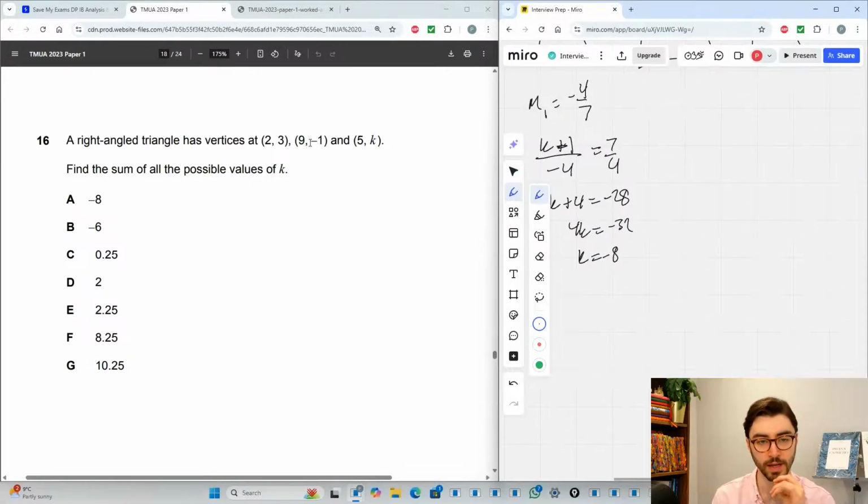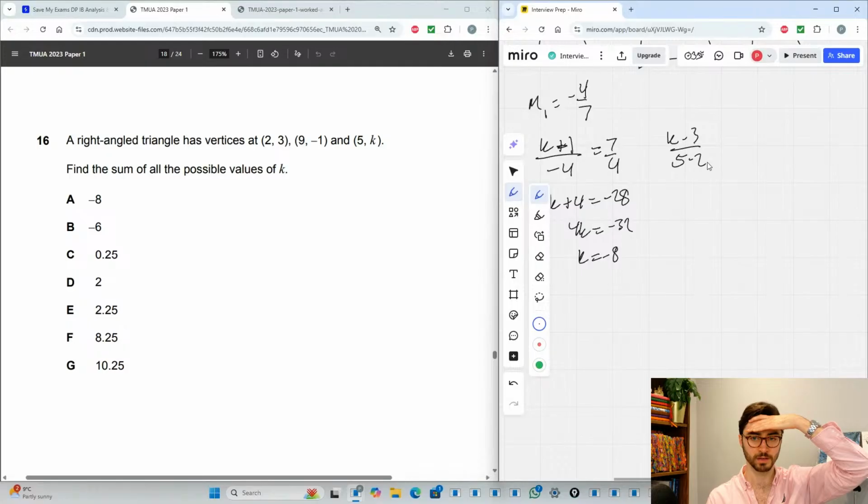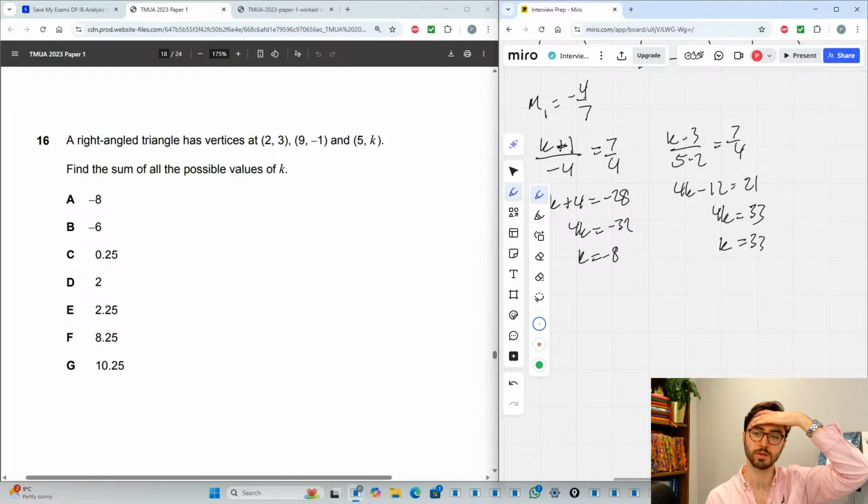Or we could have the case from this gradient that k minus 3 all over 5 minus 2 is the one that's perpendicular to this, which would make it 7 over 4, which means that 4k minus 12, and that's 3 equals 21. So 4k is 33, and k is 33 over 4.